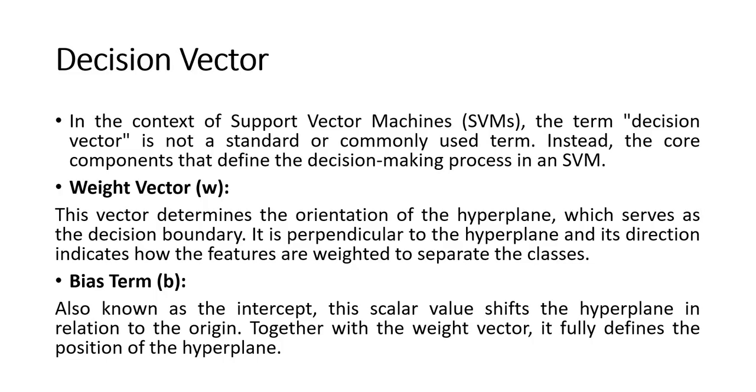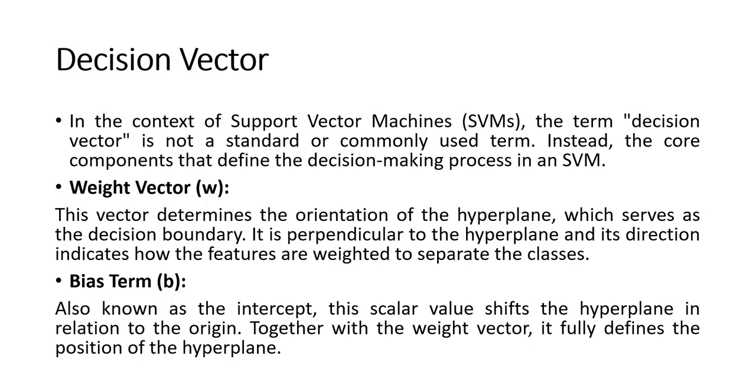Some study materials use the term decision vector, but in standard machine learning literature, the decision boundary is mathematically defined using the weight vector, represented by W, and the bias term represented by small b. So together, these two components determine where the hyperplane is located and how it separates the data into different classes.